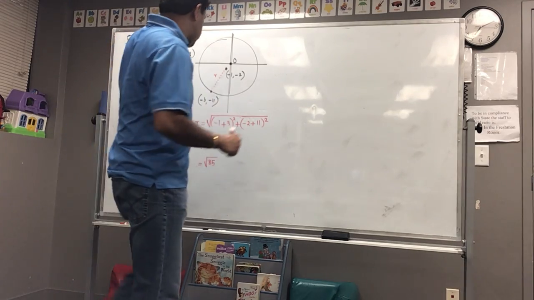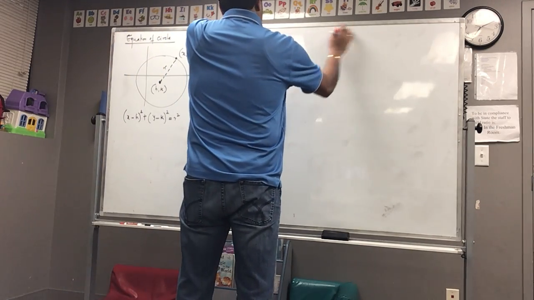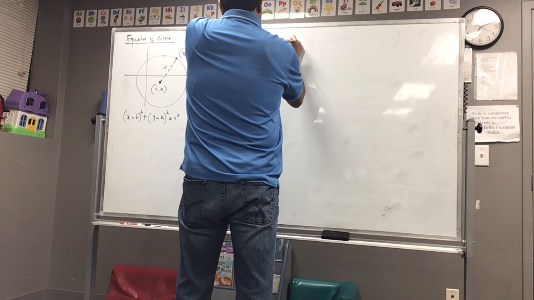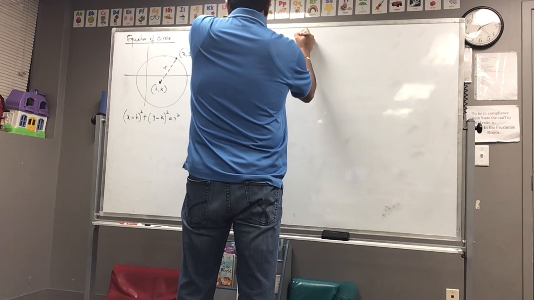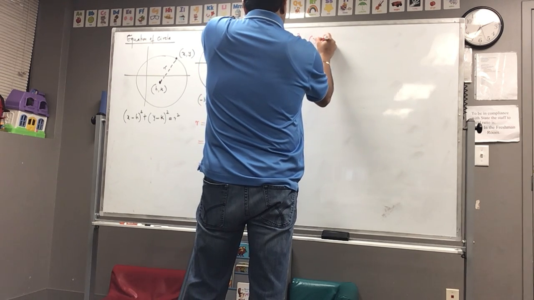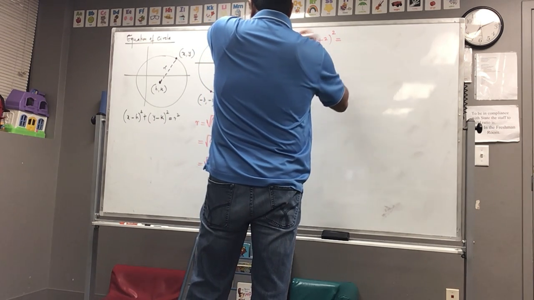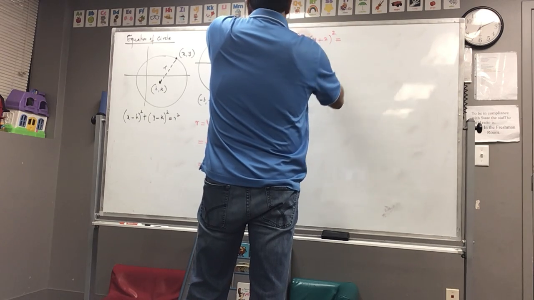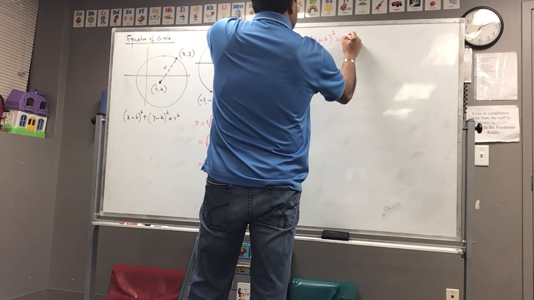So this is the radius. So the equation of the circle is x minus of -1, which is x plus 1, squared, plus y minus of -2, which is y plus 2, squared, is equal to radius squared, which is square root of 85 squared, which is 85.